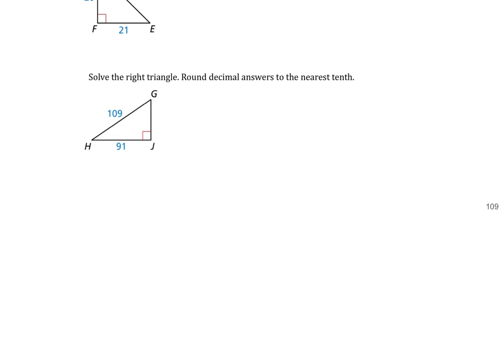But here's where you got to be careful with the Pythagorean theorem. On this one, I'm going to label it little g, little h, little j. Just use the lowercase letter for each one of those, so you get in the habit of doing that. I want to find little h.